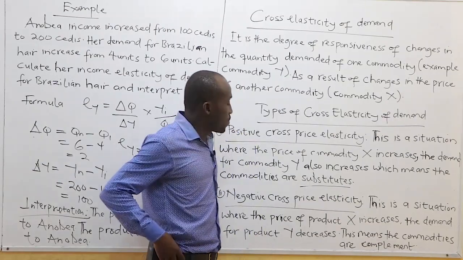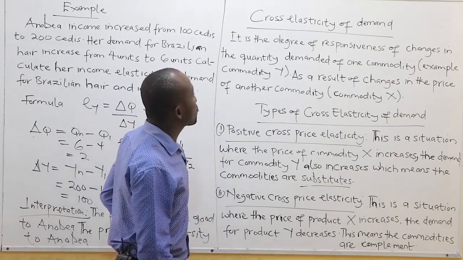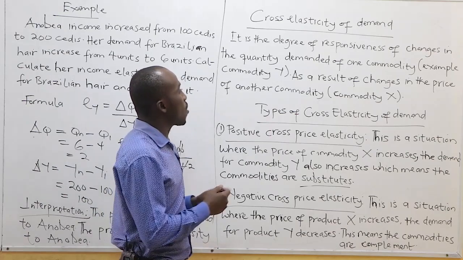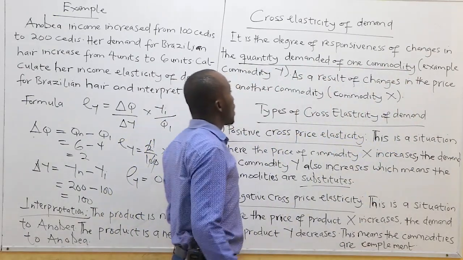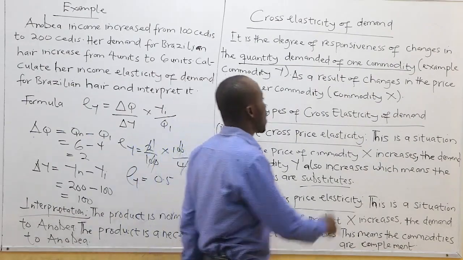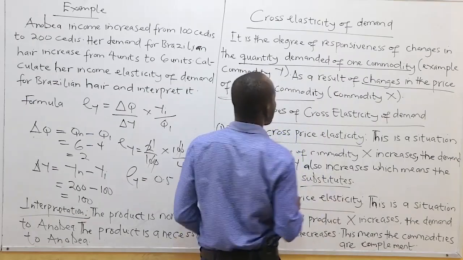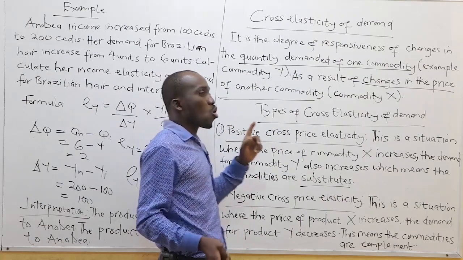Cross elasticity of demand. Let's see what we have here. It is the degree of responsiveness of changes in quantity demanded of one commodity as a result of changes in the price of another commodity. So what are we looking at? It's a cross.